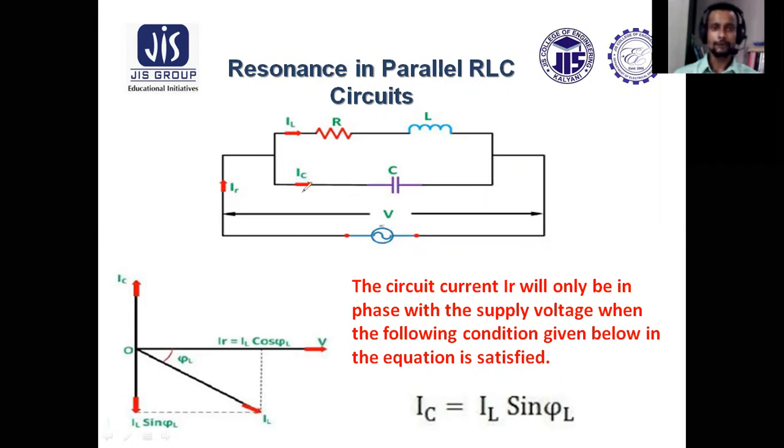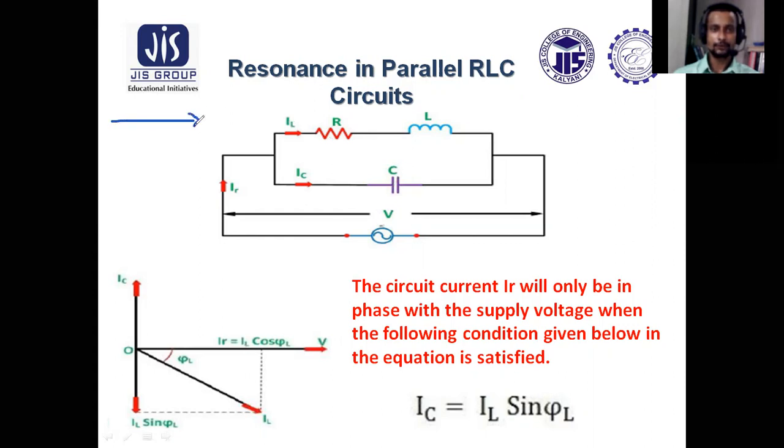Now if we draw phasor diagram for this circuit, see, as for parallel circuit, voltage of each branch is same. So let us consider the voltage at the reference axis. So this is the voltage axis. Now what should be IL?